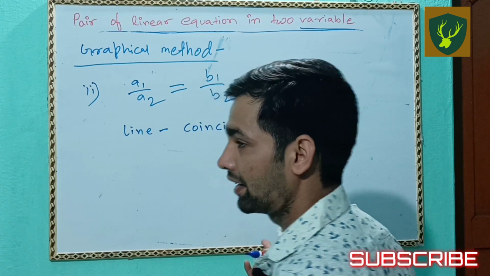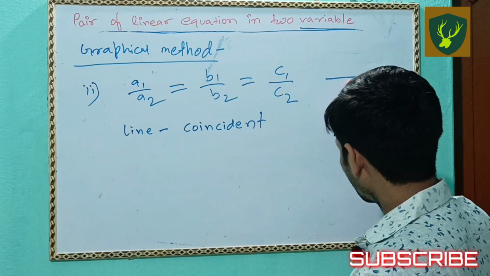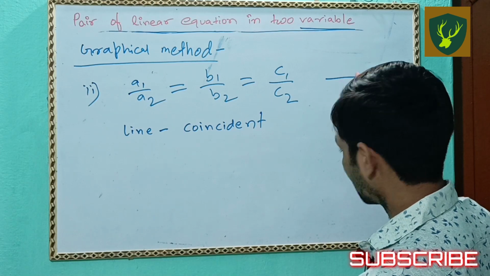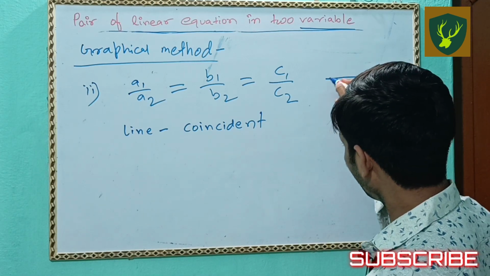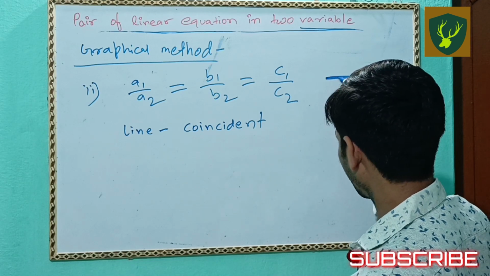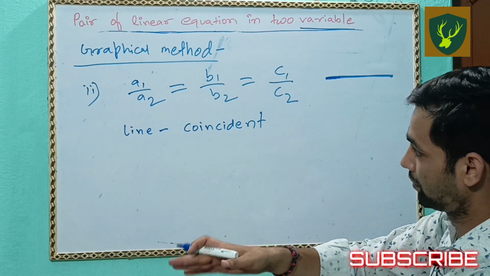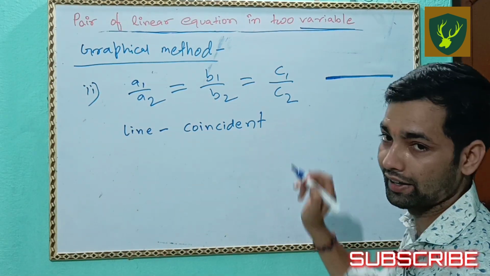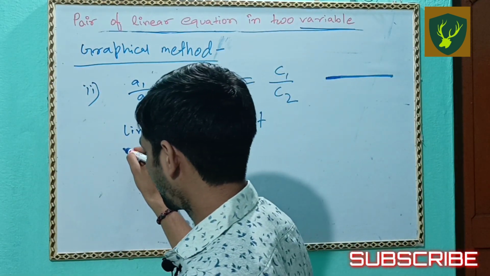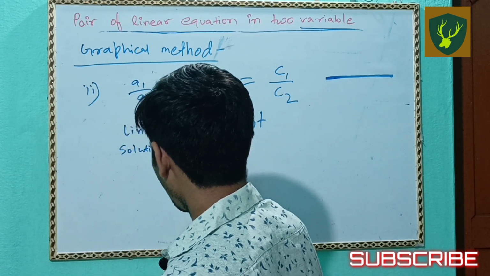I have already explained this. Coincident means the first line and the second line will lie on that line only. This will be a coincident line. And how many solutions does it carry? Many solutions.